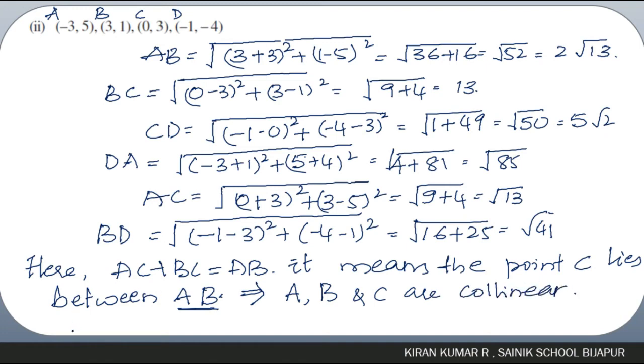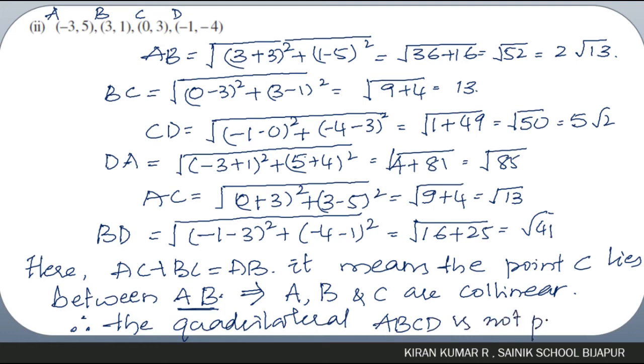So there is no chance that a quadrilateral is formed. Therefore, the quadrilateral ABCD is not possible.